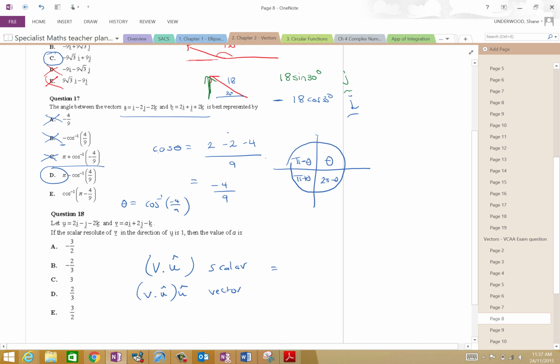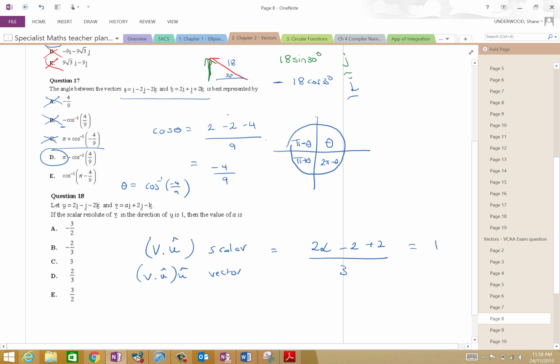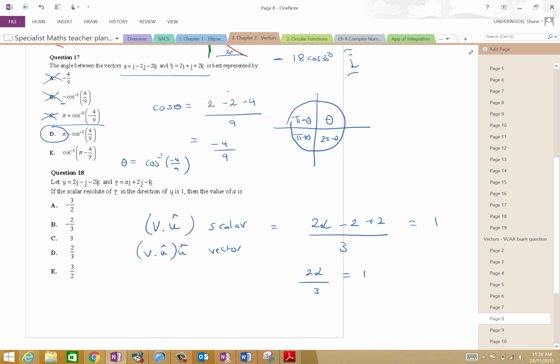So we know that we've got 2 alpha minus 2 plus 2 over the magnitude of u, which is 3, is equal to 1. In other words, 2 alpha over 3 is equal to 1. So therefore alpha is equal to 3 on 2.